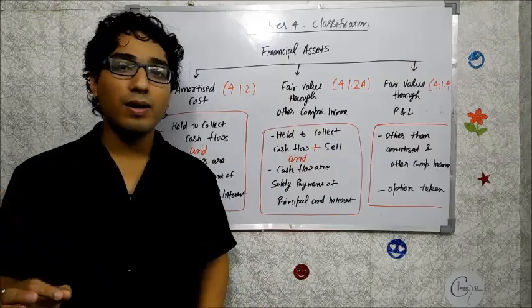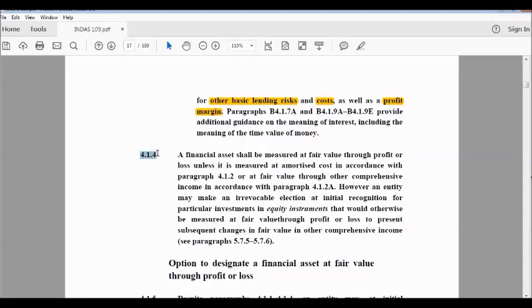But paragraph number 4.1.4 also says that, however, an entity may make an irrevocable election at initial recognition for particular investments in equity instrument that would otherwise be measured at fair value through profit or loss to present subsequent change in fair value in other comprehensive income. See paragraph number 5.7.5 to 5.7.6.